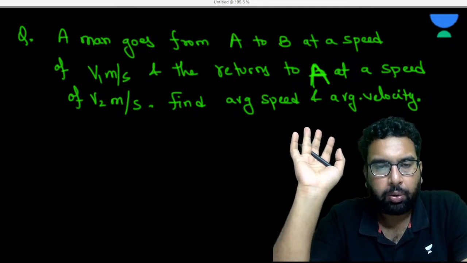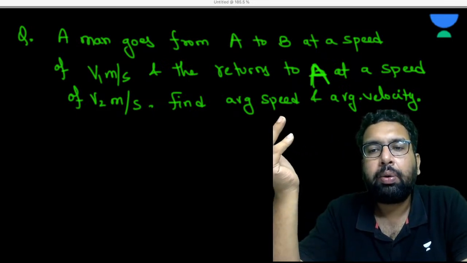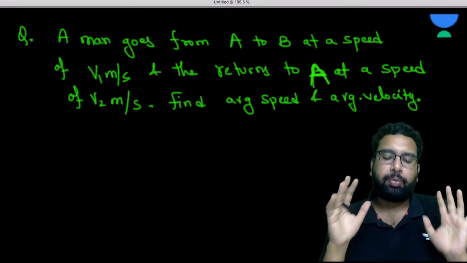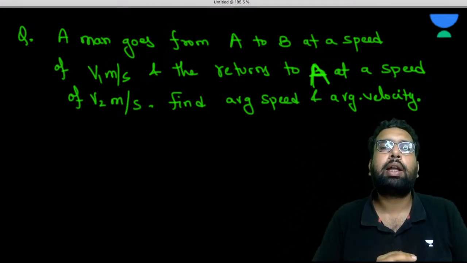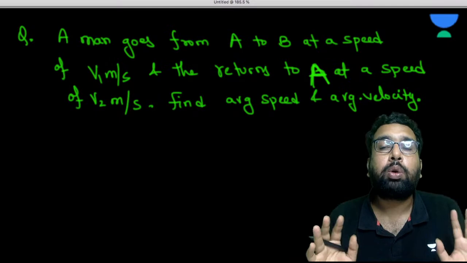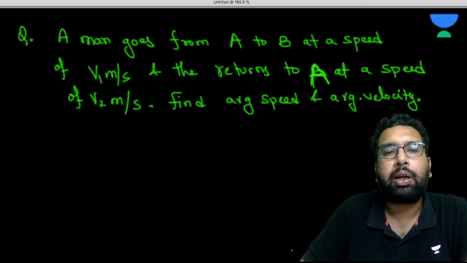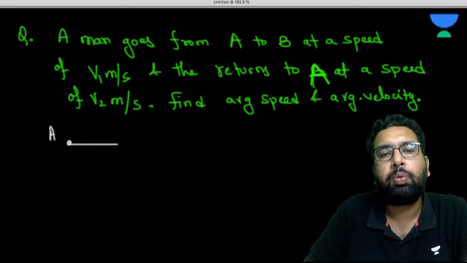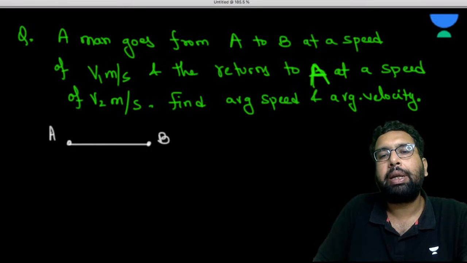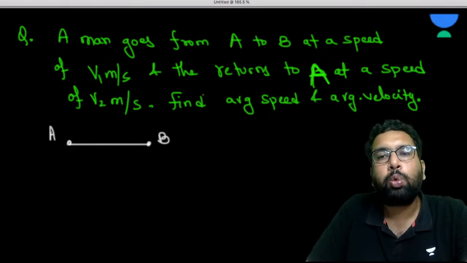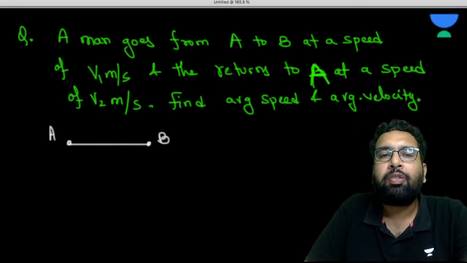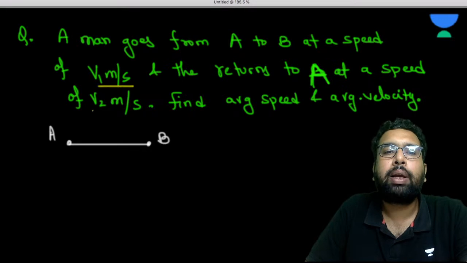This is how physics shall be learned. Okay, I'll tell you one thing. We understand that average speed formula is total distance upon total time. We understand that average velocity formula is total displacement upon total time. Now let's try to think it this way. A man has moved from A to B at some speed, V1, and then he comes back to A at V2 speed.